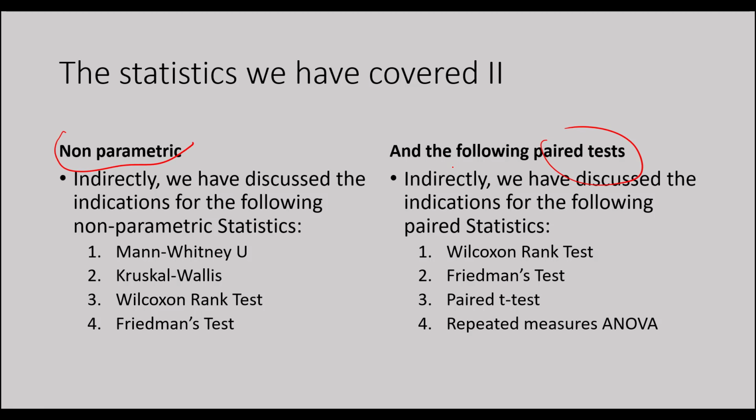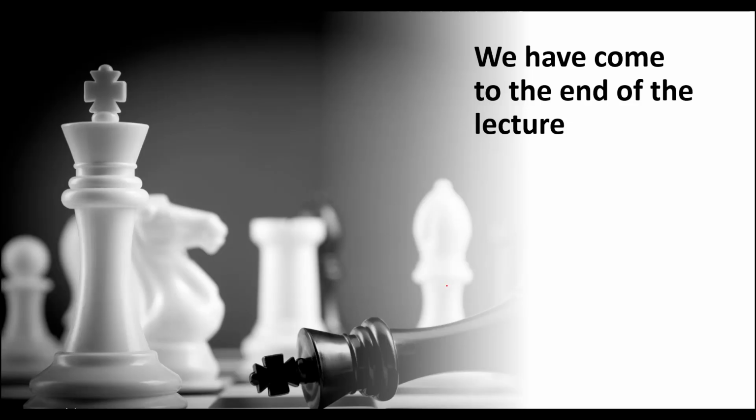As discussed earlier, all of them have their equivalents in the parametric techniques. So therefore, in order to use any of these, just look at the indications for their parametric equivalents and you are good to go. We have come to the end of the lecture in which we have covered the important steps to choosing the right statistics for your research.